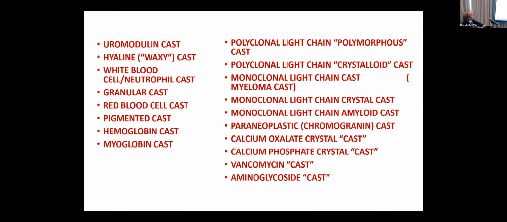That is polyclonal light chain, what I call polymorphous cast, polyclonal light chain crystalloid cast, monoclonal light chain cast, also called myeloma cast, and monoclonal light chain crystal cast, monoclonal light chain amyloid cast, paraneoplastic chromogranin cast, calcium oxalate crystal cast, calcium phosphate crystal cast, vancomycin cast, and amyloglobulin cast. These include a majority of the tubular casts that we encounter.